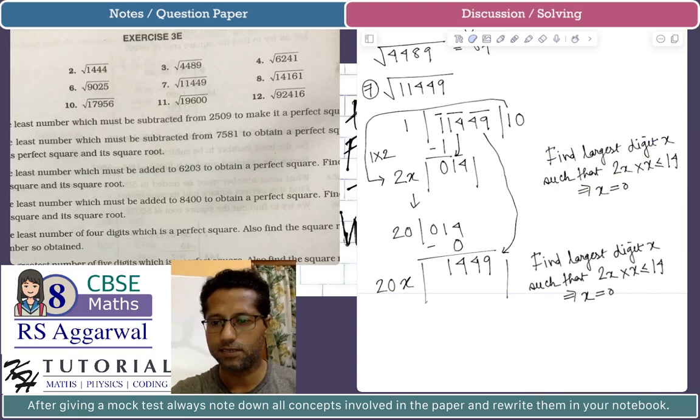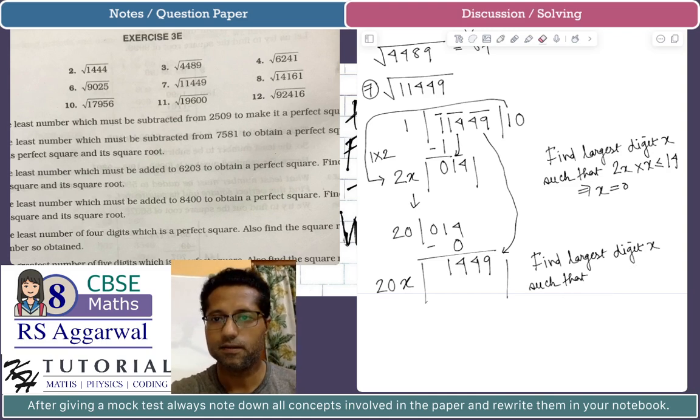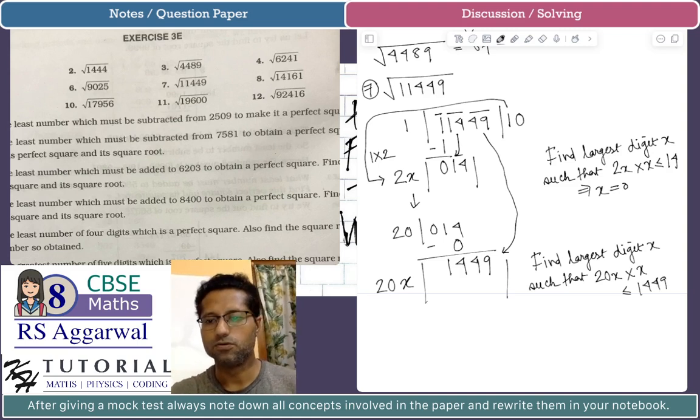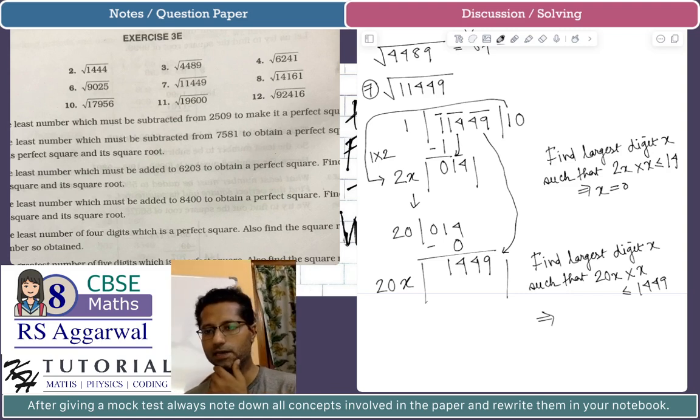Now we have to find the largest x such that 20x multiplied by x has to be less than or equal to 1449. So x will be a digit such that 20x multiplied by x will be less than or equal to 1449.